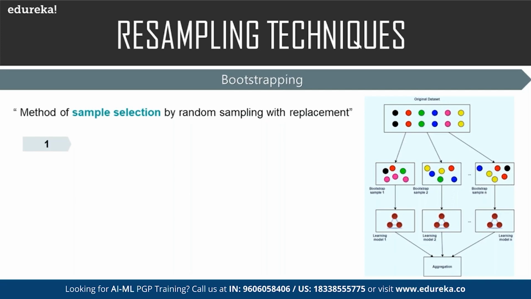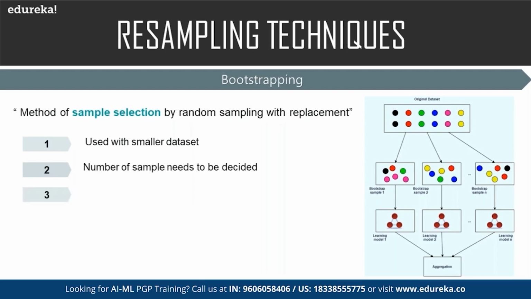It is a method where we resample and split the data. We usually use it when we have a smaller data set, and the number of samples needed can also be decided with its help.